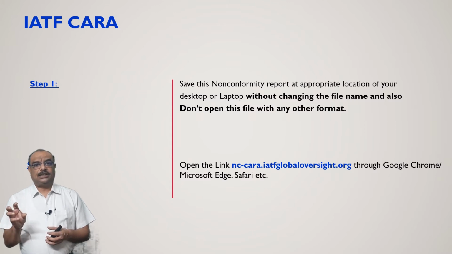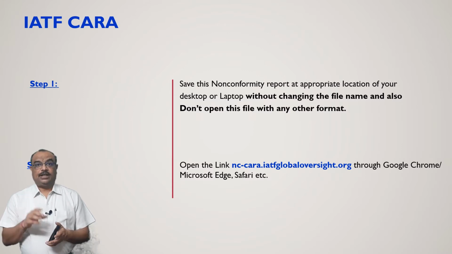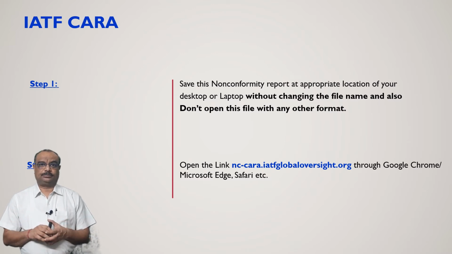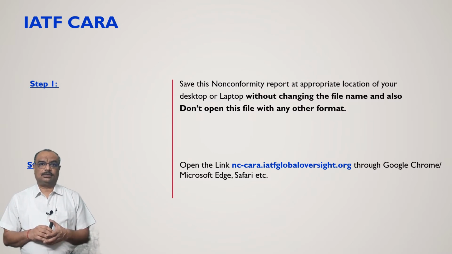So just copy this link and open it through browsers like Google Chrome, Safari, Microsoft Edge, or Internet Explorer 11th version or above. This file will be compatible with these 4 browsers. So this is step number 2.